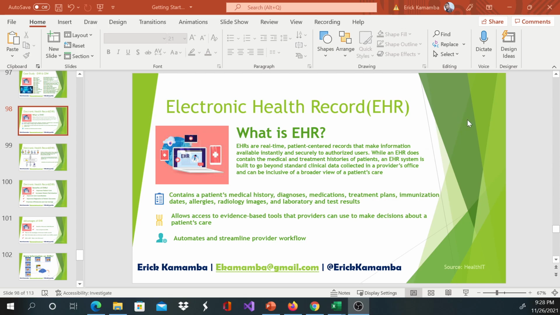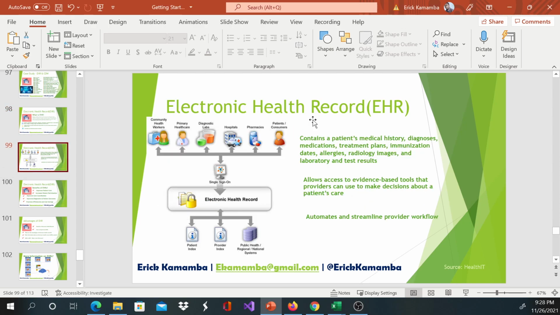Okay, so if you ask me what I think about EHR, I picture something like this. Okay, from a primary healthcare to your diagnosis labs, when you go to the hospital, pharmacies, okay, and all that. All this information is really gathered and put in an electronic system.